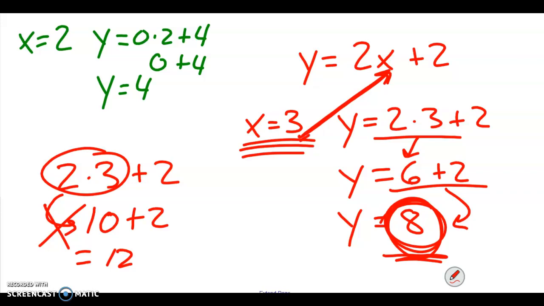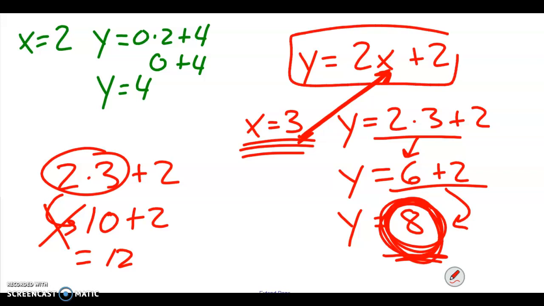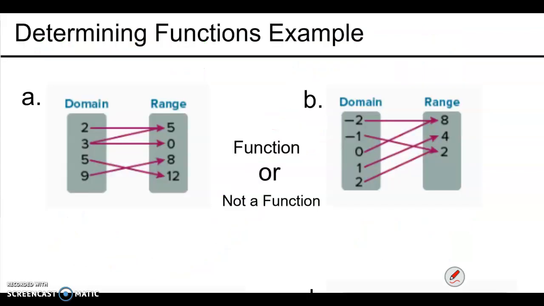Every time you plug in 3 for x, you're always going to get 8 in this function. So if you find out that your x of 3 is paired with some other y, like 12, that's not possible. Okay? So that's why that's the case.